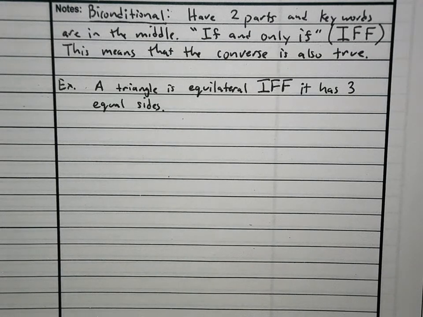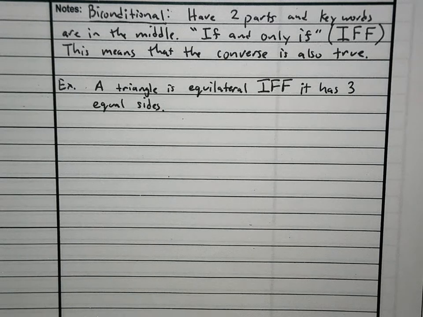What you are going to have to do is read biconditional statements and then state whether they are true or false. And if they're false, you're going to have to provide a counterexample like you've been doing. In numbers 1, 2, 3 on your worksheet, you're going to have to write converses.